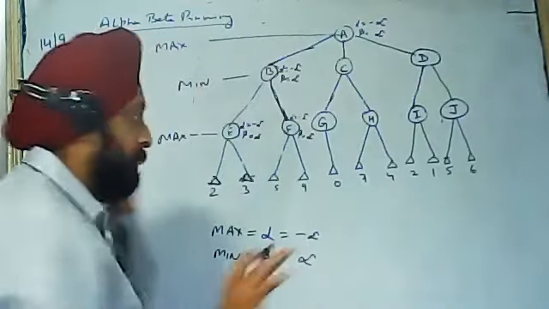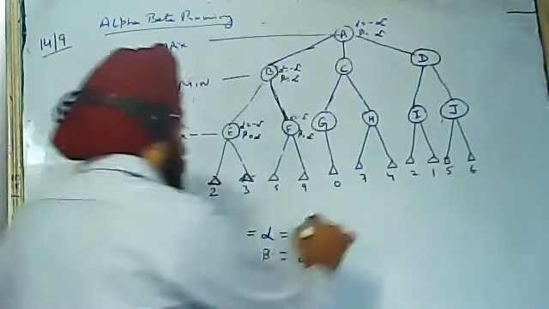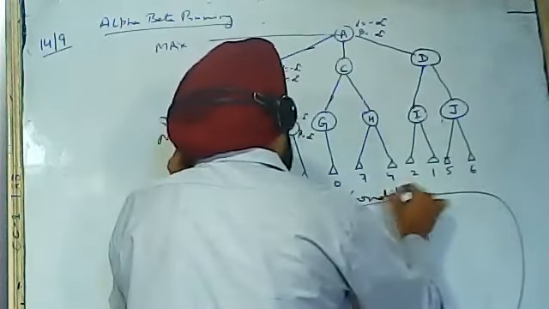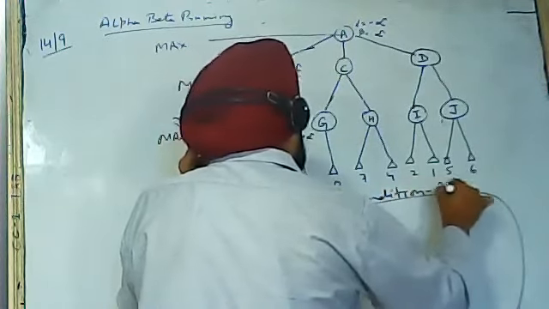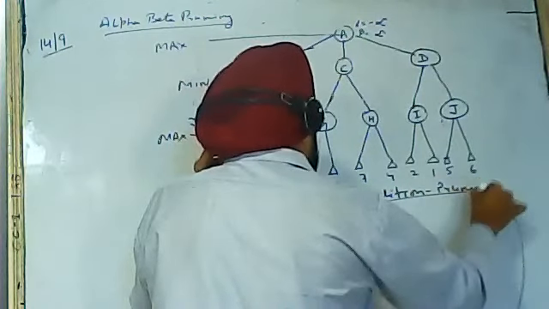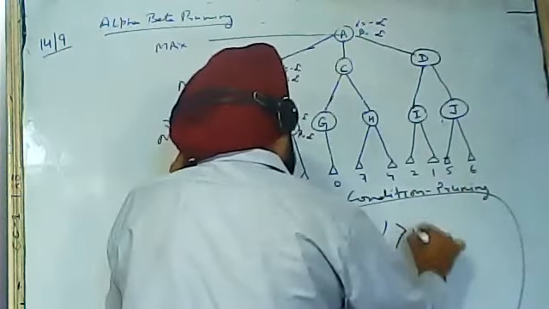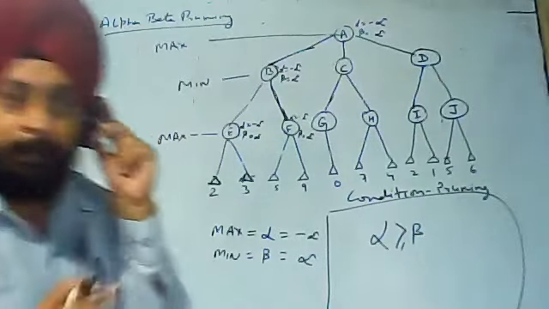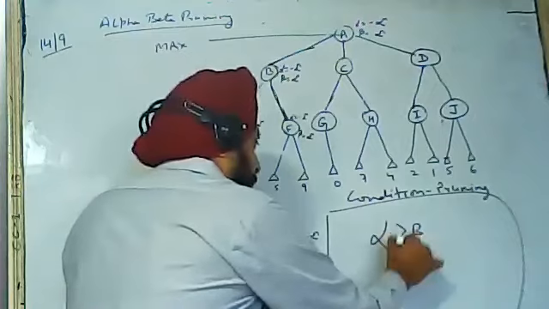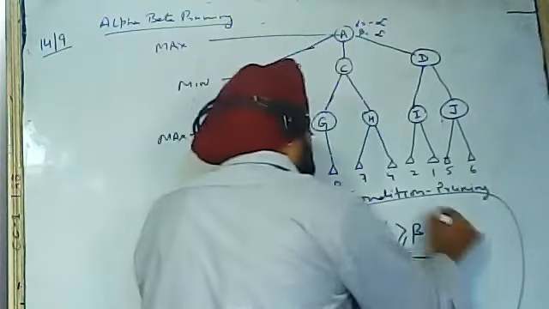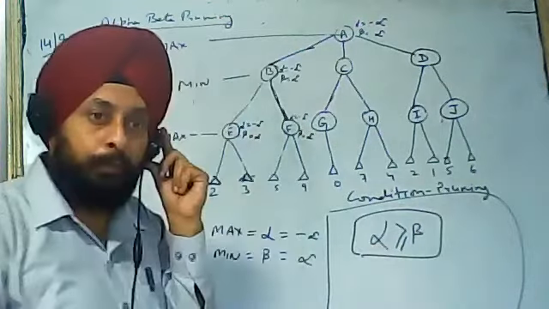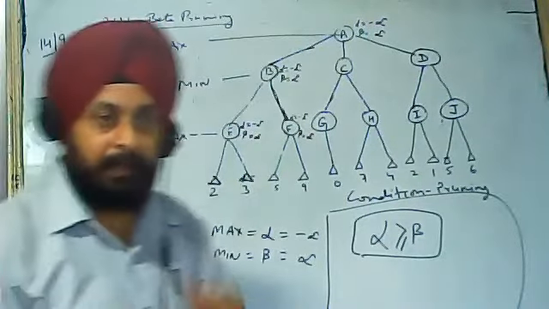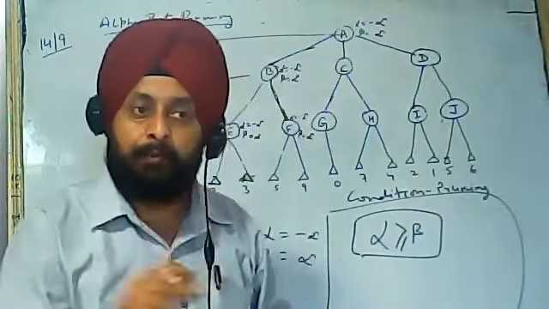Now remember the very important key thing, the condition for pruning. So alpha is greater than or equal to beta. When alpha is greater than or equal to beta, that branch gets pruned. So we will see which branch comes under this condition so that we can prune those branches.